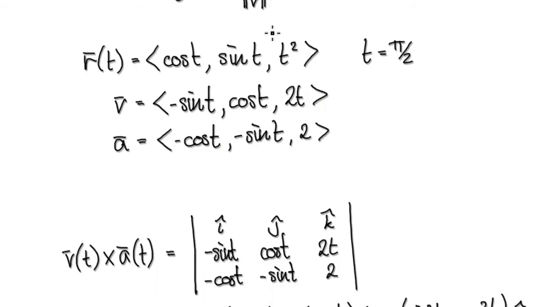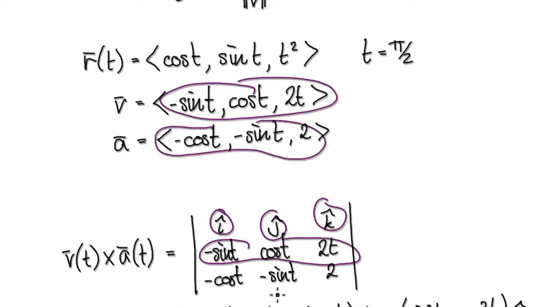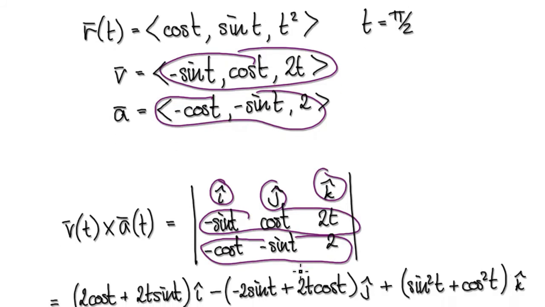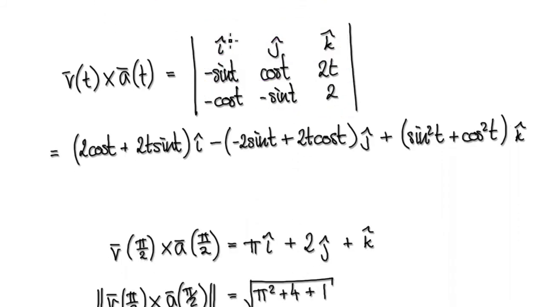So working out the cross product, it would be i, j, k, and then your velocity, and then your acceleration, and then the cross product would be us doing this. Looking at the i, discard.